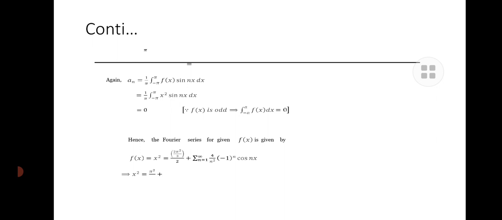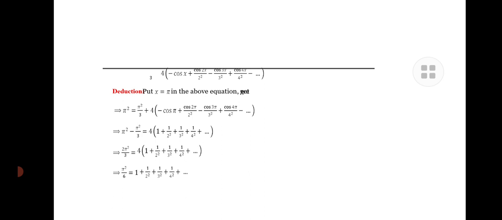So 2 pi square divided by 3 is equal to 4 times the summation from 1 to infinity of minus 1 to the power of 2n divided by n square. Pi square divided by 3 is equal to 2 times the summation, because 2 into 2 is 4, it will cancel, and taking the expansion of the summation, we get 1 divided by 1 square plus 1 divided by 2 square plus 1 divided by 3 square plus 1 divided by 4 square and so on.